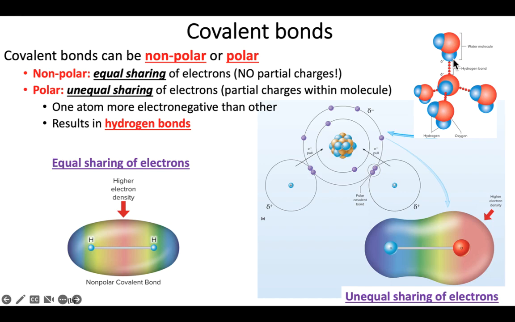Nonpolar molecules like hydrogen gas, like lipids, like triglycerides, don't have any polar bonds. They have all nonpolar bonds. So now we just introduced polar versus nonpolar bonds, as well as polar versus nonpolar molecules.